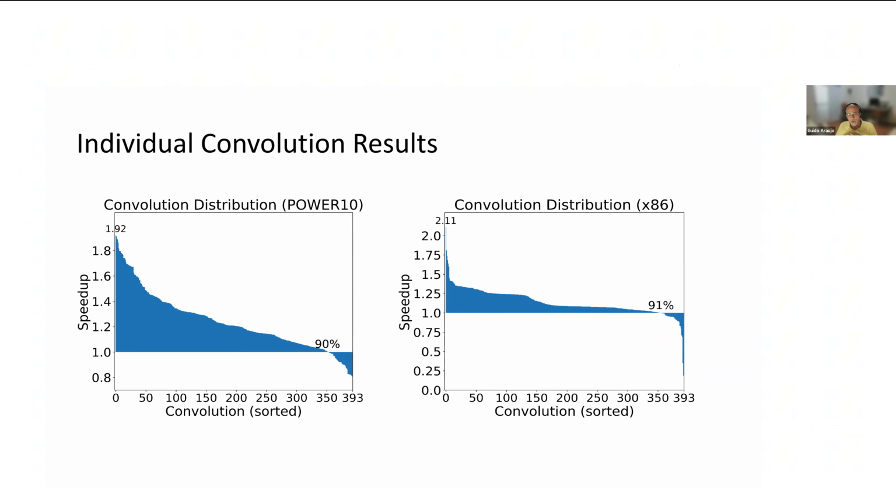But the point is, most of these convolutions are pointwise convolutions. What is interesting is that our approach managed to speed up even pointwise convolution, which is basically a GEMM. Most of the convolutions on the tail here are pointwise convolutions, but a number of pointwise convolutions are also on the left side of this point here.